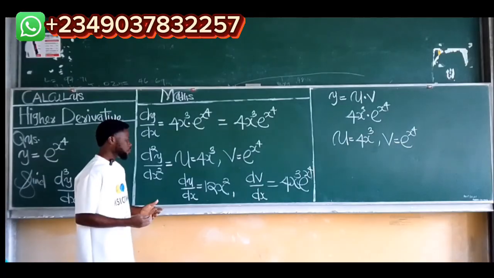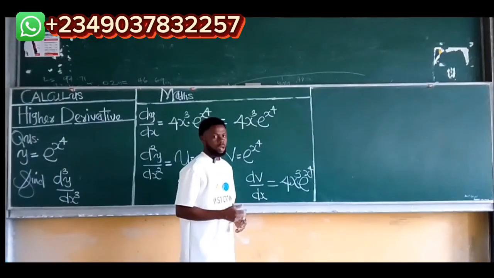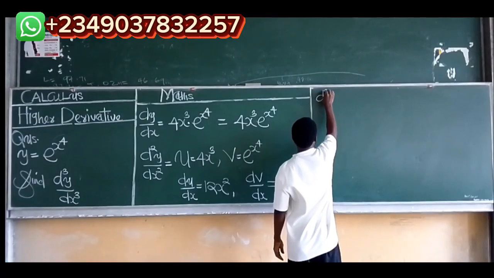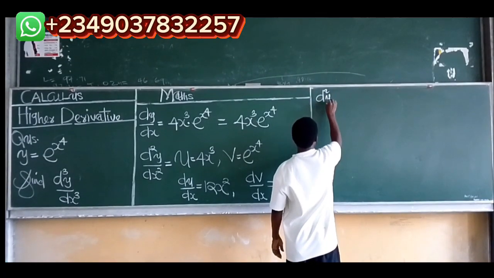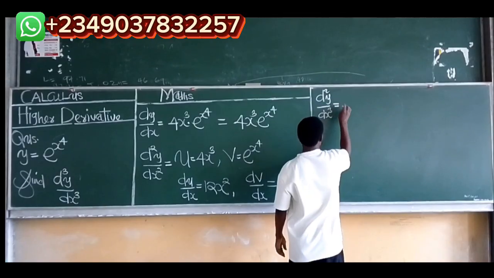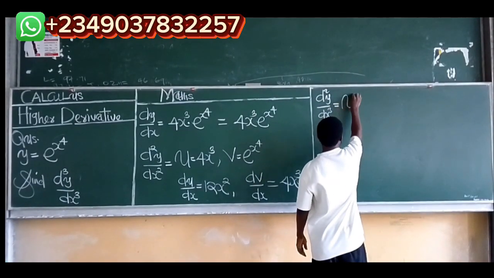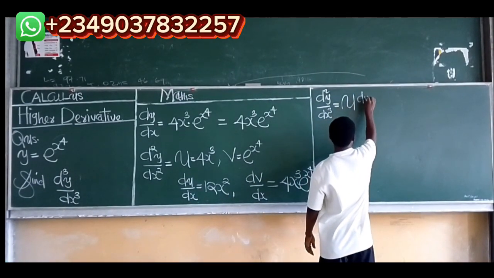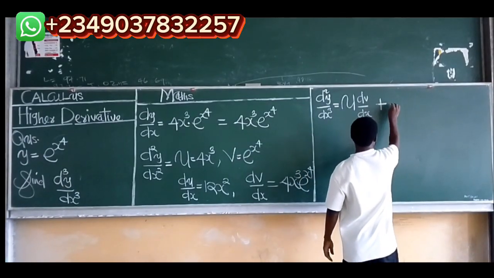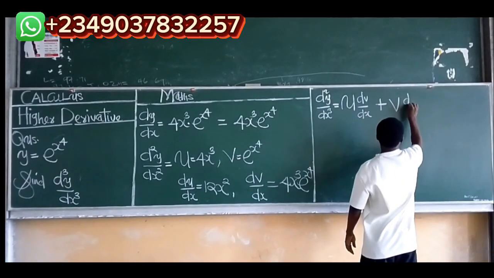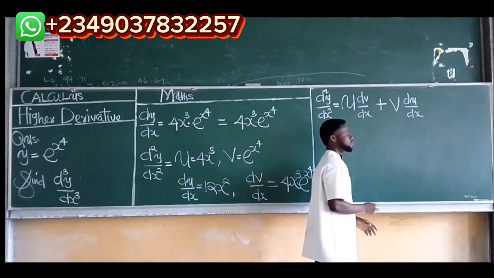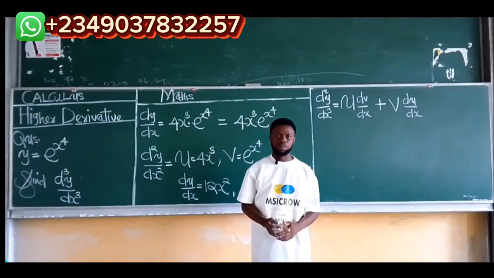So what is the formula for the product rule? Note that for the product rule, dy/dx is equal to u dv/dx plus v du/dx. This is the general formula for the product rule.